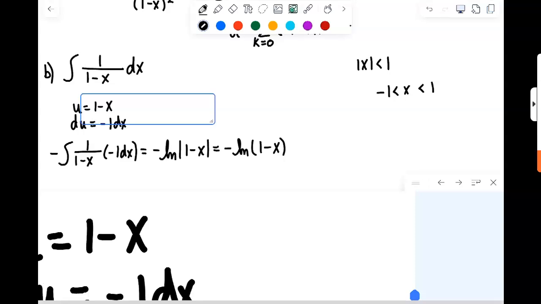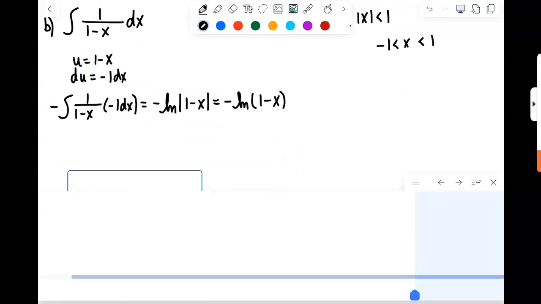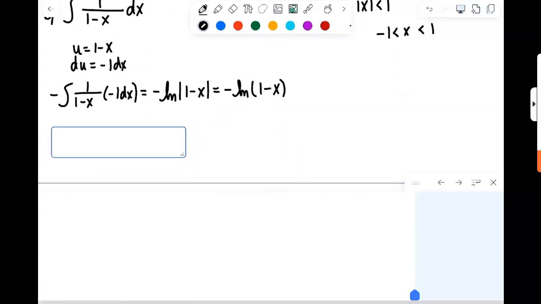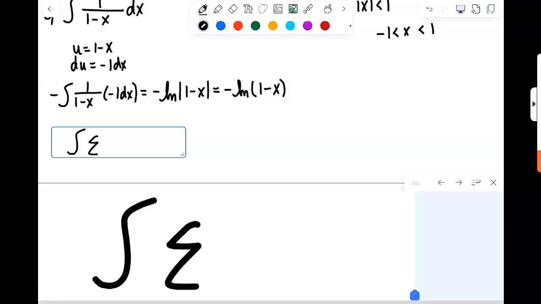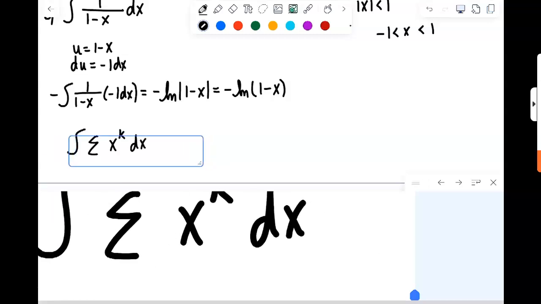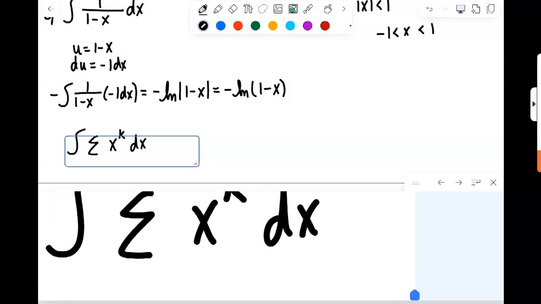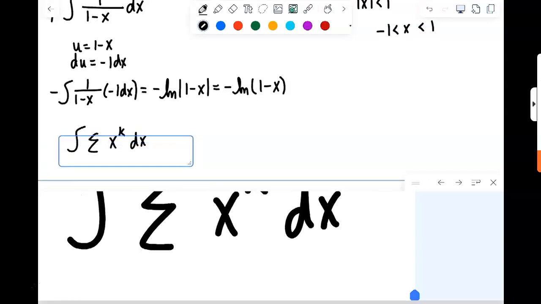What's the series going to be? Well, let's do the integral of the series. So, in other words, the integral of the series x to the k dx, again, as k is going from 0 to infinity.